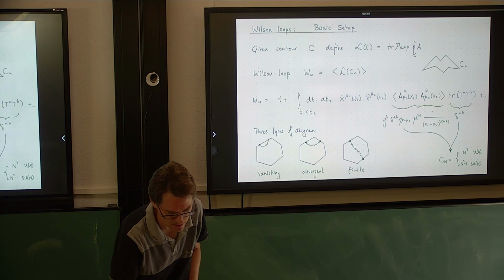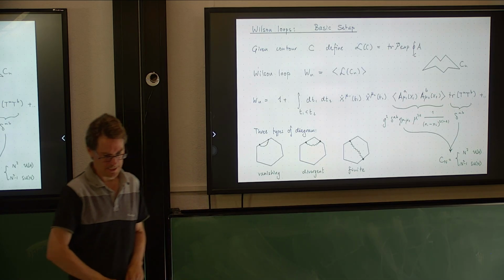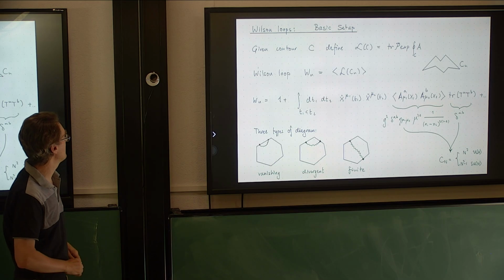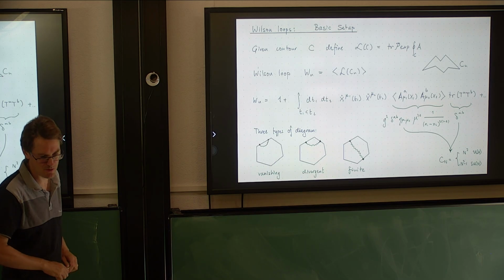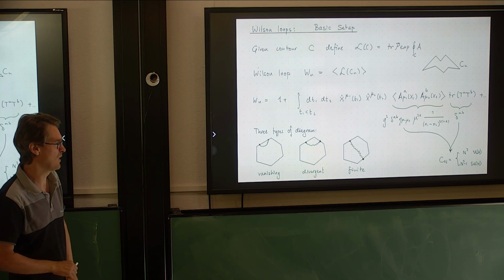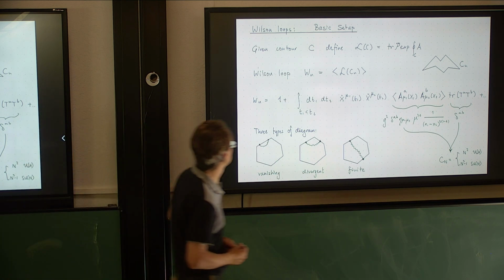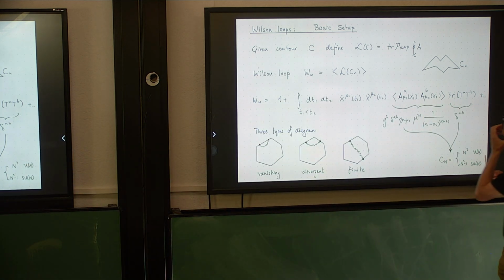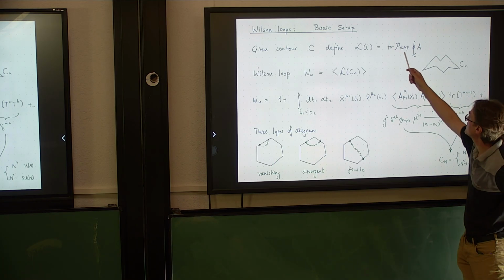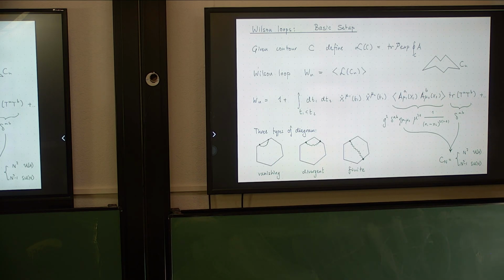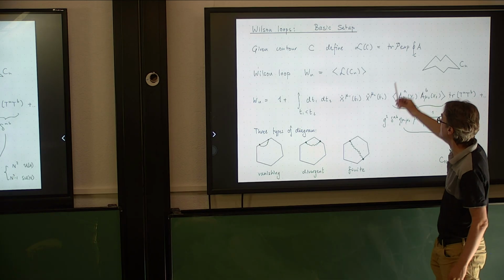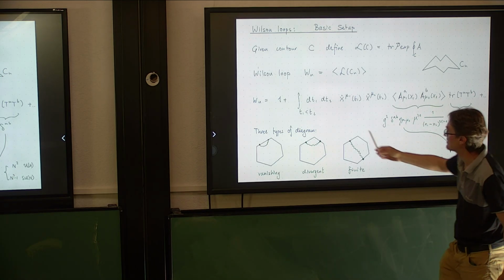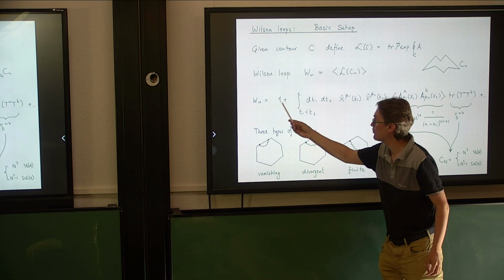Okay. All right, so the basic setup of what happens when you compute Wilson loops. We've got our light-like contour, C, and we want to compute the expectation value of this operator. Well, you start by simply expanding it in perturbation theory. So I've got an exponential. I start expanding it, so my object will start with 1.